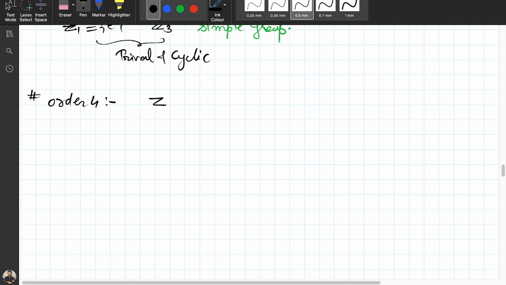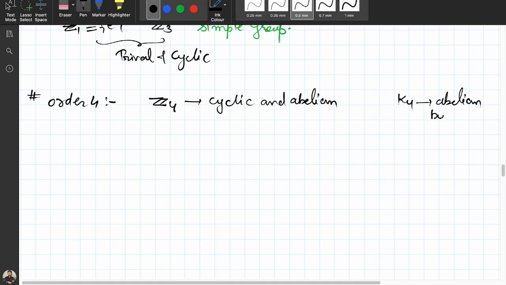One possibility is Z4. It is cyclic and abelian. Another possibility is K4, that is abelian but non-cyclic. So what are the subgroups of Z4?